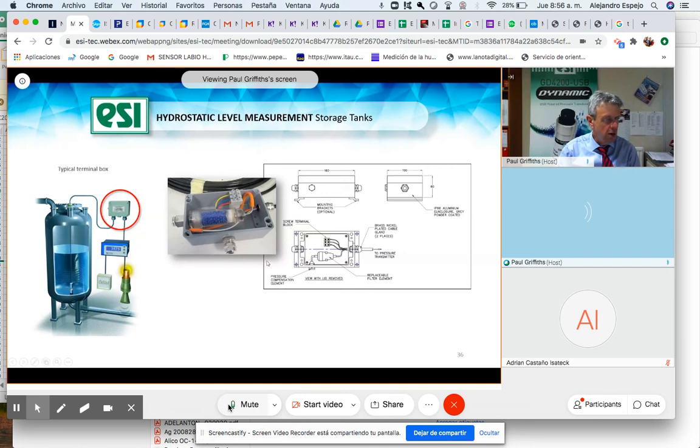So in areas where there's a lot of moisture or steam, perhaps, we can use this device, which allows the transmitter to breathe, but the air passes through desiccants and the moisture is removed to protect the sensor. So that's an accessory that we have.